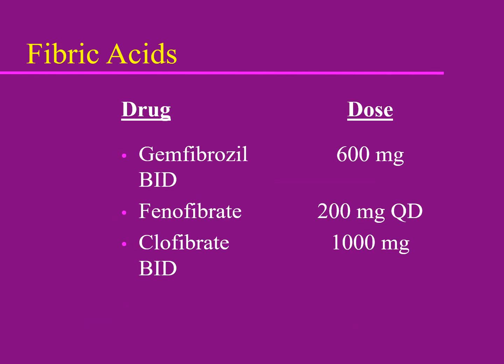The options for fibrates, gemfibrozil or Lopid, is a fixed dosing, 600 milligrams twice a day. You can't go up, you can't go down. There's really not any options. Fenofibrate does have some options as far as going up and down, and clofibrate is an older version of that.